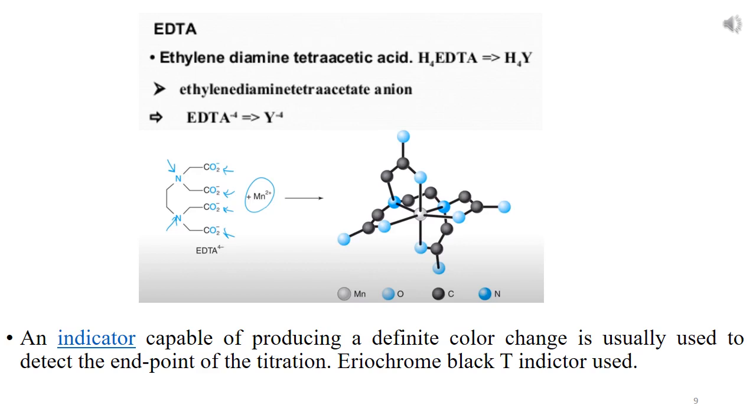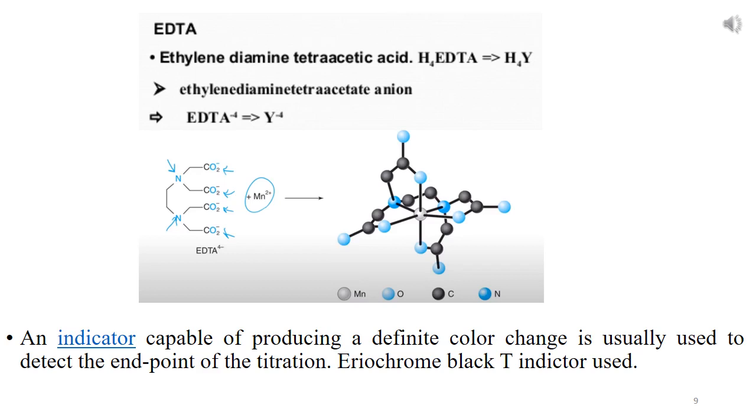EDTA is a chelating agent, and because it is hexadentate, it donates one electron pair from each of two amino groups, that is, from the nitrogen atoms of the amine groups, and one electron pair from each of the four carboxylate groups to the bound metal atom.